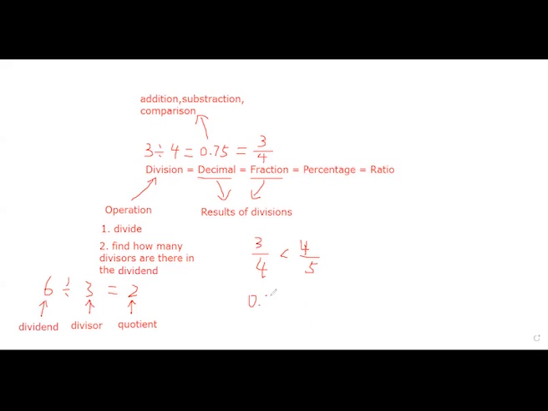This is 0.75, and this is 0.8. By looking at the place value, you get the answer right away just by looking at those two decimal numbers. This is what I mean by addition, subtraction, comparisons. Usually we like to use decimals, okay?